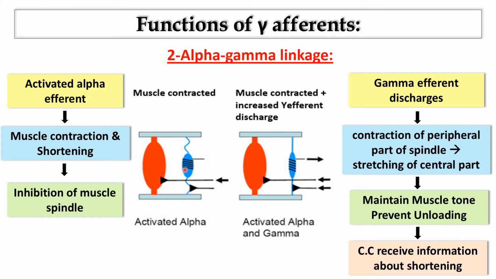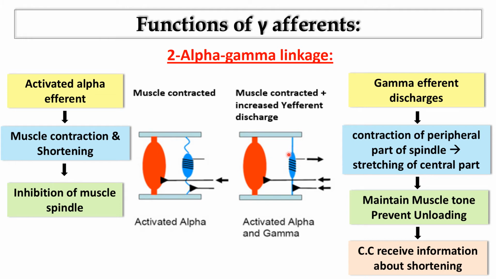We can solve this problem when we link alpha and gamma together. How? When alpha is stimulated, it will produce muscle contraction, as we mentioned before. No problem. But at the same time, you have to increase the gamma efferent discharge. Remember the previous slide? When we increase the gamma efferent discharge, that means the peripheral contractile part of the muscle spindle will contract.